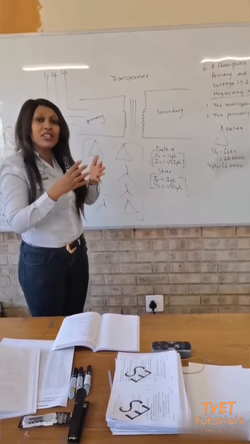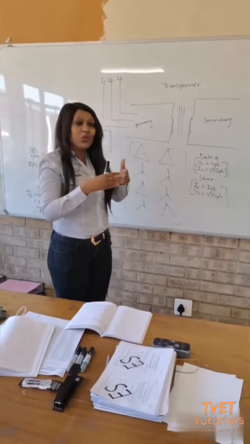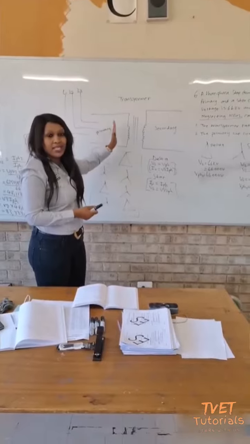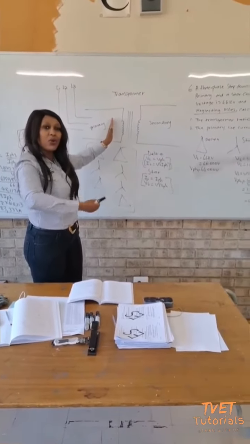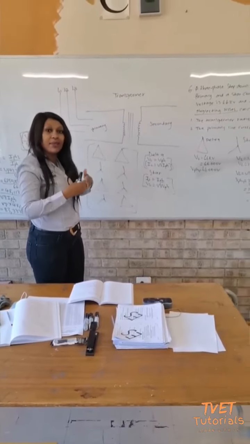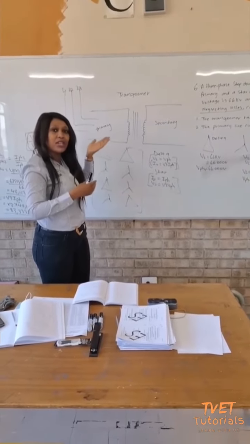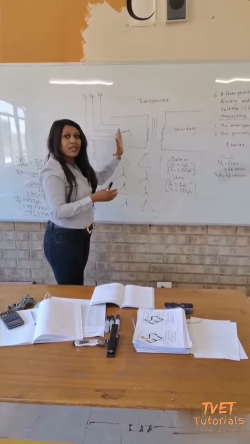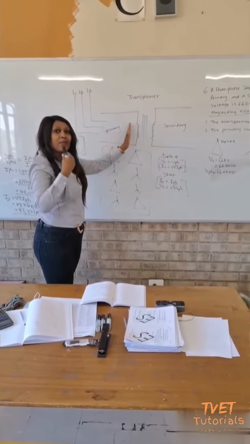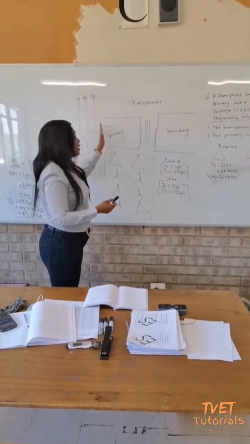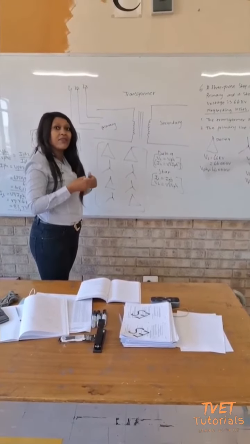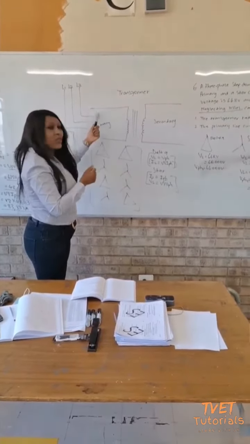All the information that you are given, and they say to you it is from the supply, you must know that it's from your primary side of your transformer, because when the transmission is happening from the generation point to distribution, the cables go through the transformer through the primary side. If it's from the supply, it means the cable is from the primary side. All the values that you're going to be given that are from the supply will be on the primary side of the transformer.